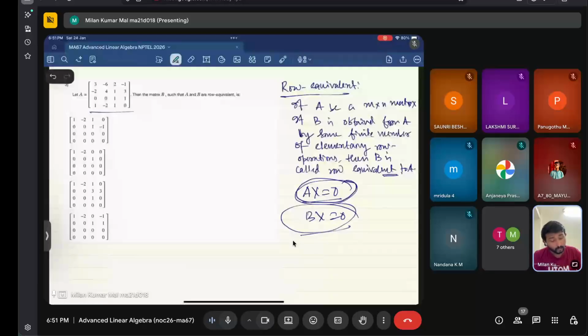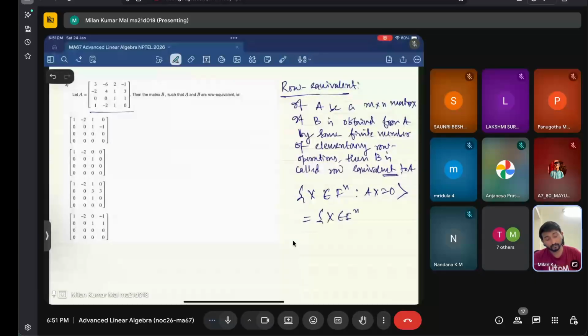So whenever you have row equivalence, these systems will have the same set of solutions. Basically, the set of x belonging to Fn such that Ax equals 0 is the same as the set of x belonging to Fn such that Bx equals 0.